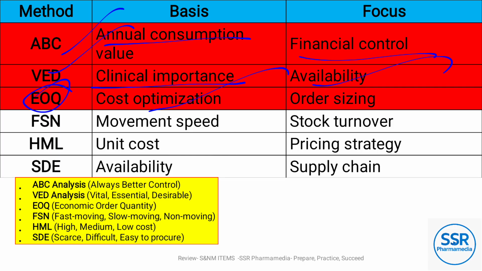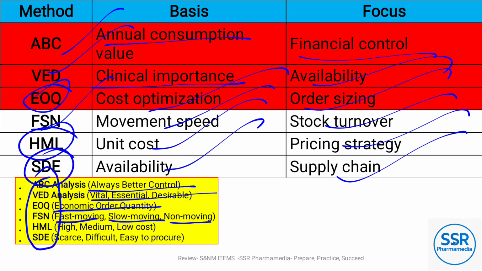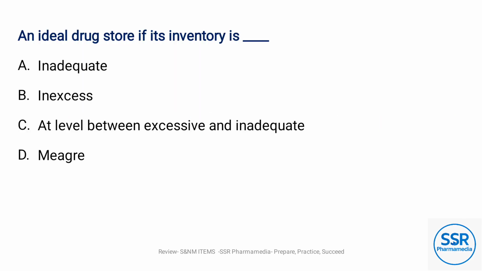EOQ is cost optimization, ordering cost. And FSN is movement speed, stock turnover. HML, unit cost, pricing strategy. SDE, availability, supply chain. So these techniques are very important. Always better control, vital, essential, desirable, economic order quantity, fast moving, slow moving, non-moving, high, medium, low cost, scarce, difficult, easy to procure.